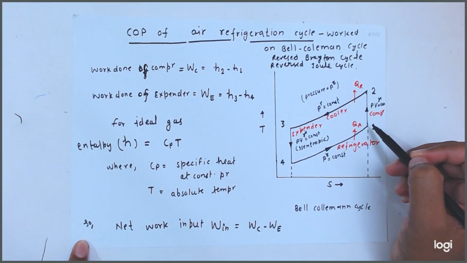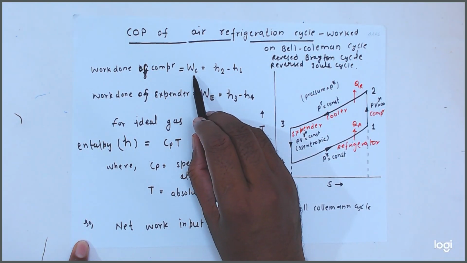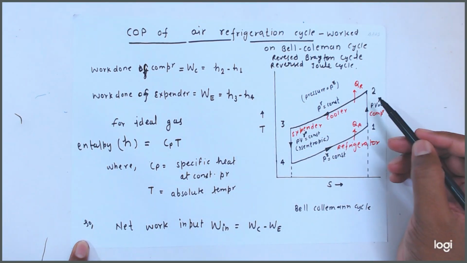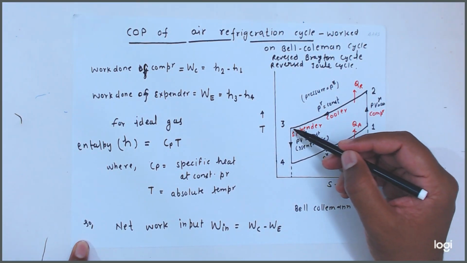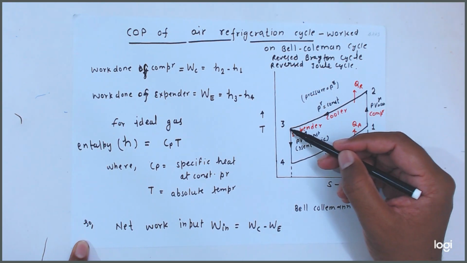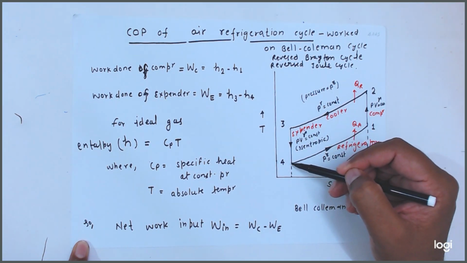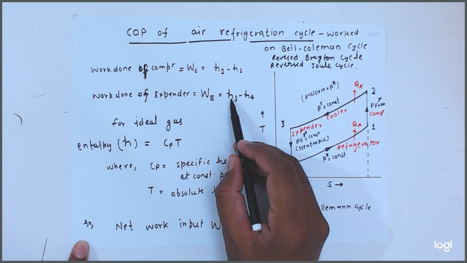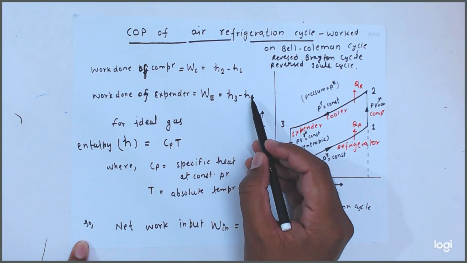So work done of the compressor is equal to H2 minus H1. Similarly, the work done by the expander is given by enthalpy at point 3 minus enthalpy at point 4. So work done of the expander is equal to H3 minus H4.